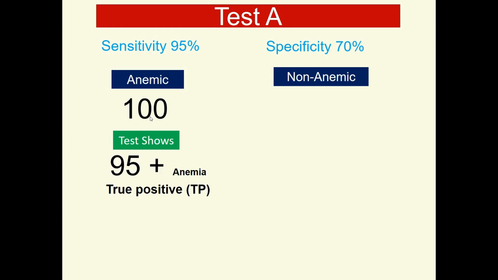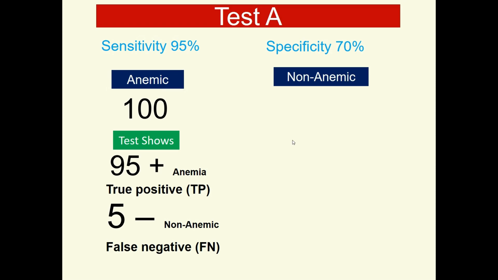That means 95 are true positive, that is, 95% of those patients have anemia according to the test. However, there are 5 of them for whom it shows negative. Even though they have anemia, the test shows negative. That means it is a false negative.